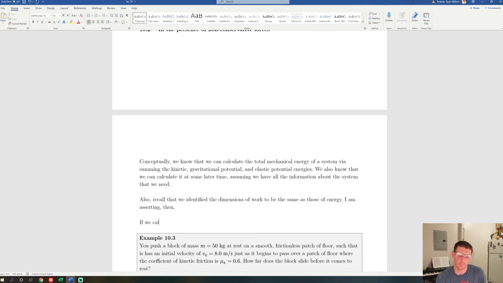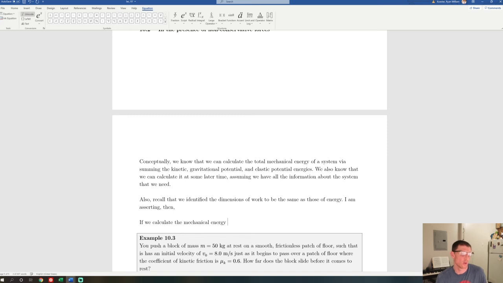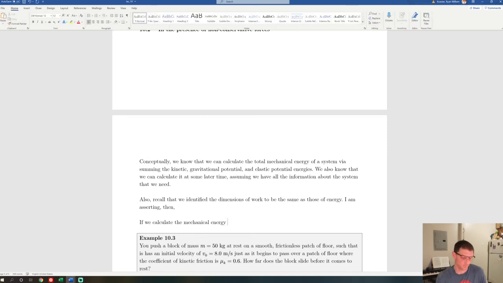If we calculate the mechanical energy, let me say, E naught of a dynamic system, and dynamic here just means that things are changing, right? Don't worry so much about that word if it is weird to you.